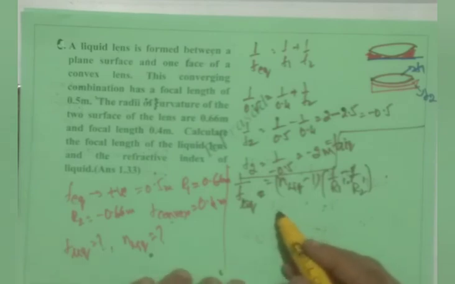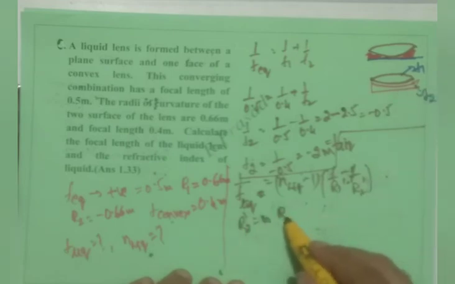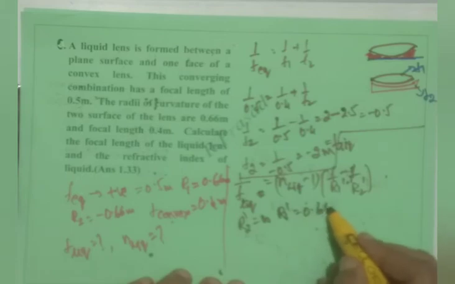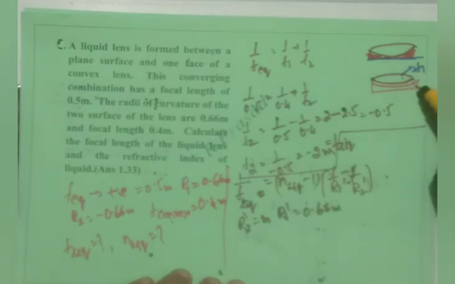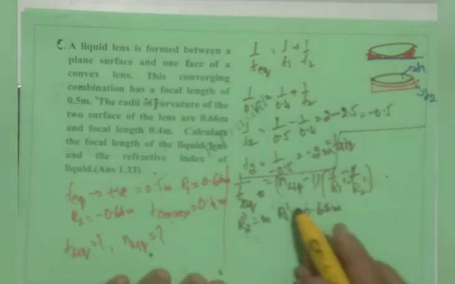But observe, we take R2' as infinity because it's a plane surface, and R1' as 0.66 meter because it's in contact with the convex lens. So the convex lens's radius of curvature on this part is also the radius of curvature of this part of the liquid lens. So 0.66 meter. And we go for the calculation now.